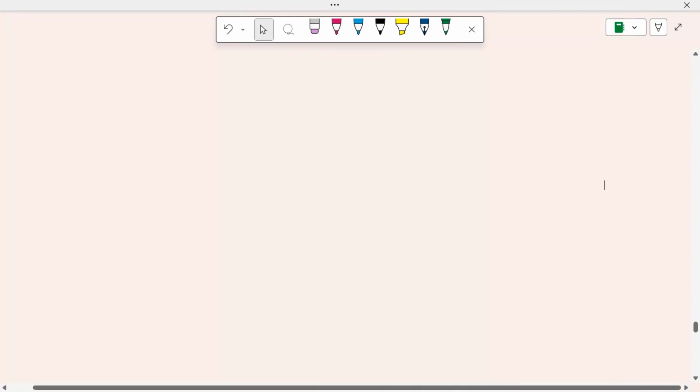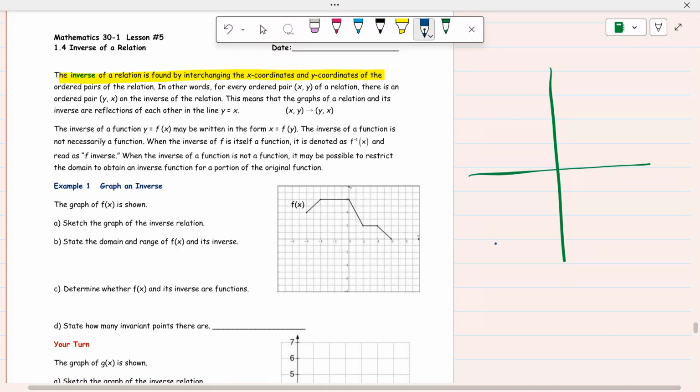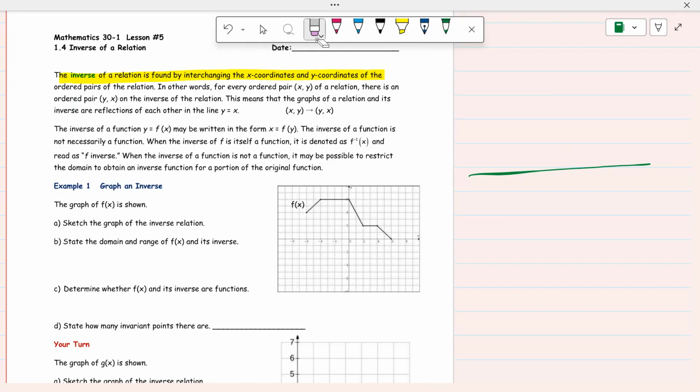Just so you can visualize, the y = x line is a diagonal line that goes through the origin, right? Because (1, 1), (2, 2). So all inverse graphs, the points will be flipped over that line. That's what will end up happening if you flip all the ordered pairs, which again is hard to visualize until you actually sketch one.